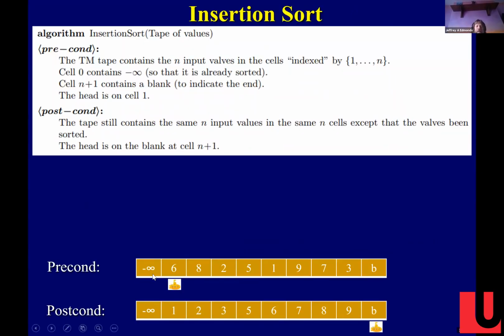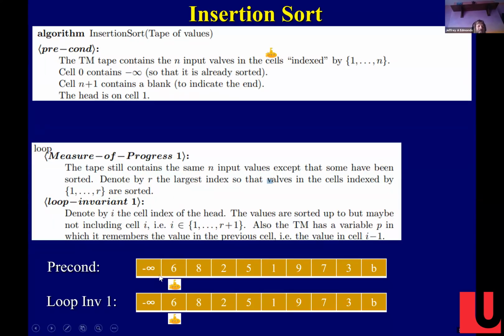Here, we had to establish the loop invariant. And the way I established the loop invariant is by setting P to be negative infinity. Instead, what you could have done is, well, what value is going to be before the input?